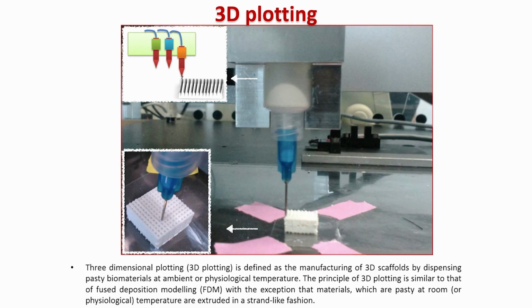However, here the starting material cannot be powder; it can be a paste, and that is why it is known as the manufacture of 3D scaffolds by displacing pasty biomaterials at ambient or physiological temperature. Essentially it is very similar to fused deposition modeling, but here the material should be pasty and it is extruded in a standalone process.